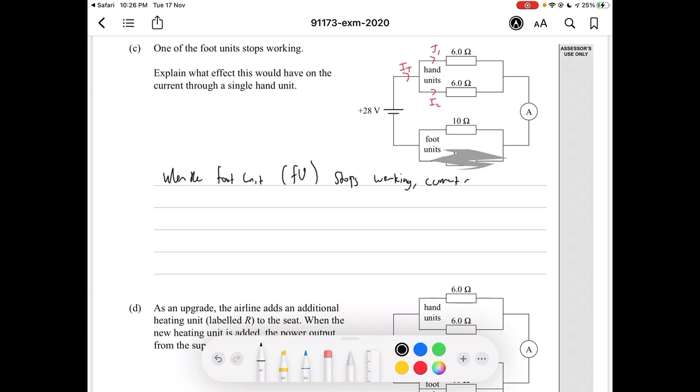current can no longer flow through the foot unit. So there is only one path way for the current to flow through the top foot unit.